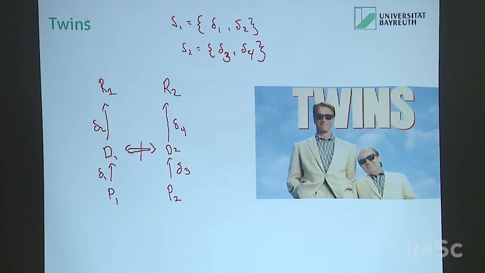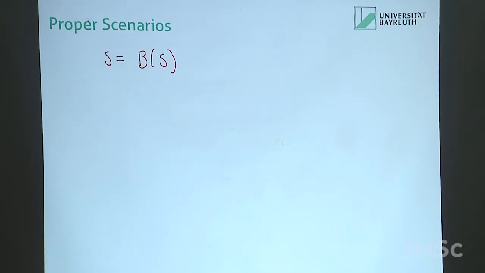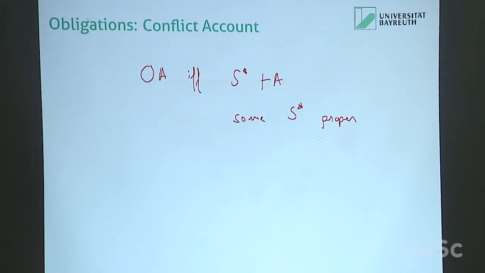Consistent agglomeration is not valid in the default, in the conflict account, precisely because it's not necessarily the case that a proper scenario will contain all possibly consistent combinations of actions or facts. Consistent in the logical sense of the word.